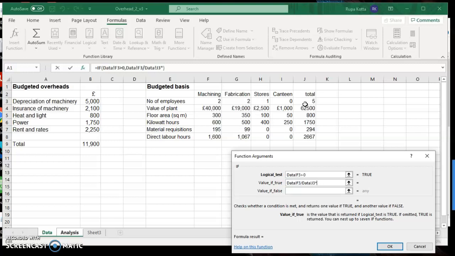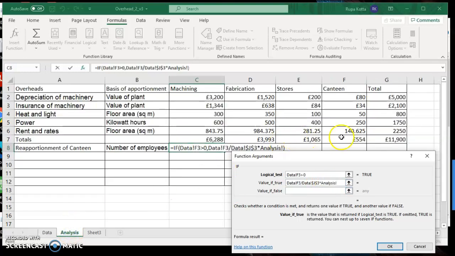Whichever way you try, you will end up with the right answer. Now the total is constant, it's always 5 employees, so put absolute referencing on that, multiplied by the canteen cost, which is here 554, and this 554 is also constant. So put absolute referencing on that also, because canteen cost is not changing.